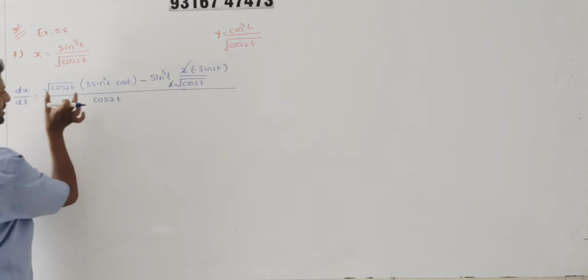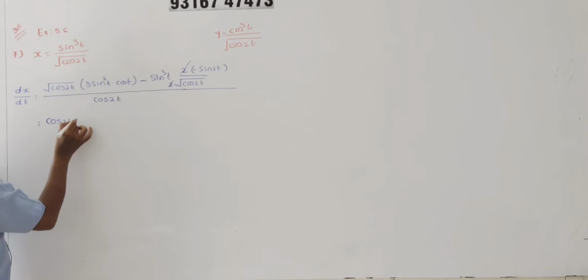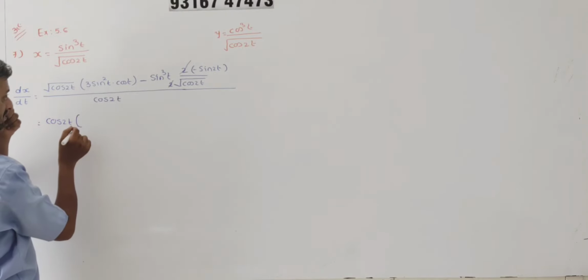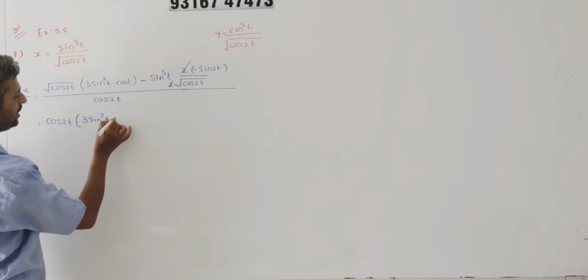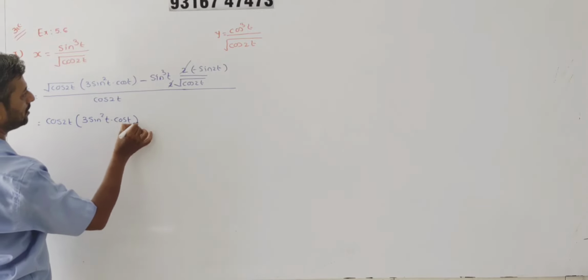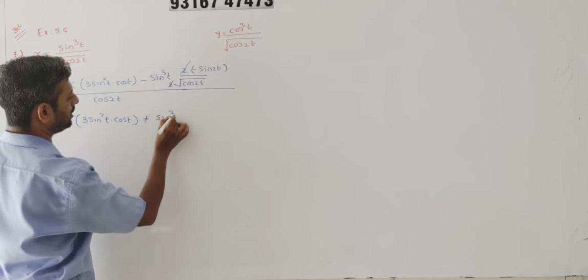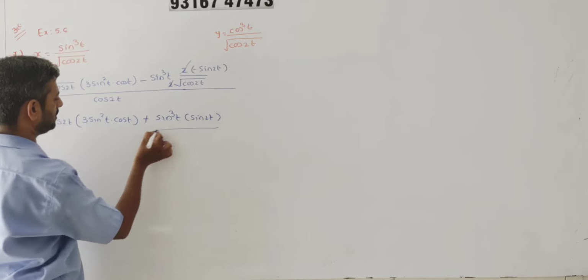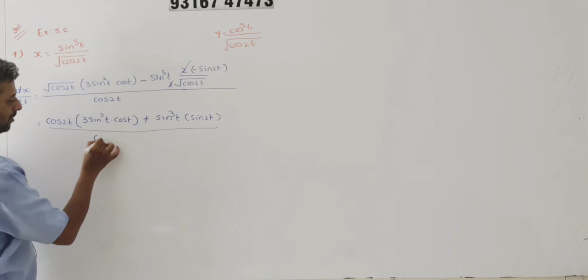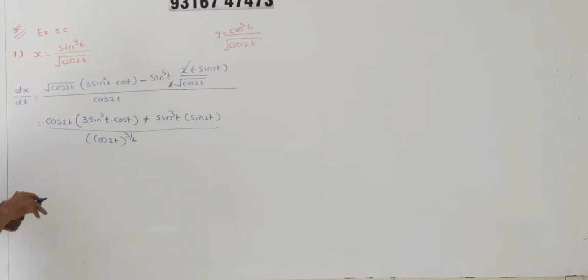If I take the LCM, then this is cos 2t into 3 sin square t into cos t, minus minus plus sin cube t into sin 2t, all upon cos 2t raised to 3 by 2.